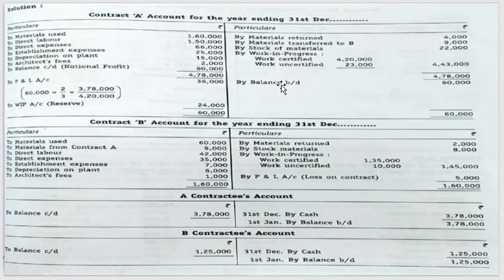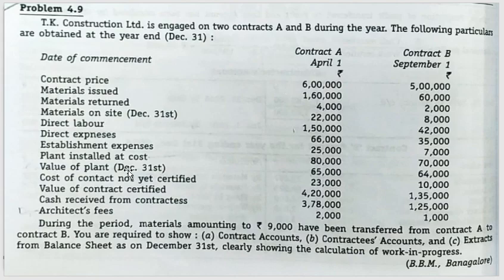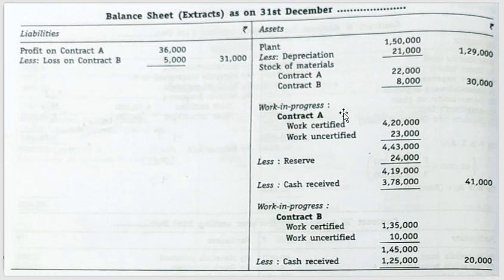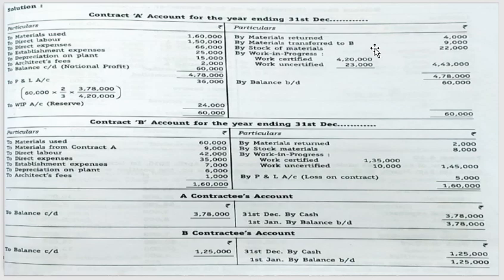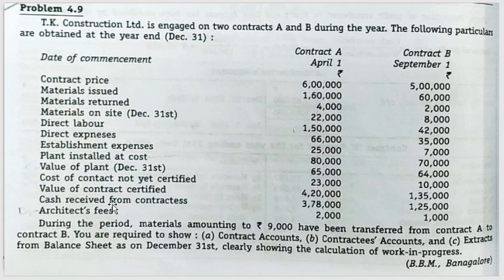Next we will take depreciation for plant. The plant opening balance is 80,000 plus 70,000. So when we add up 80 plus 75, which will give you 1,50,000. With this 1,50,000, we will also take the closing balance of the value of the asset, which will give you 65,000 plus 64,000, which will give you 1,29,000.